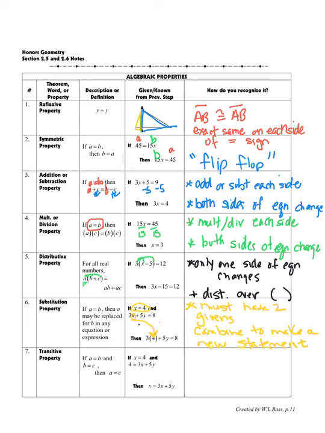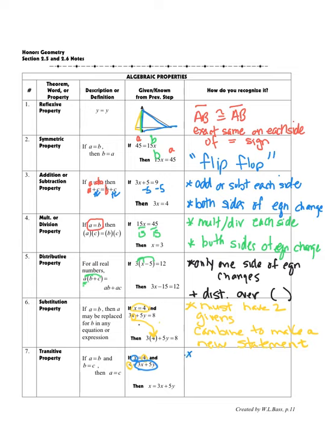If we look at the next one, this is our transitive property. It tells us that if x is equal to 4 and 4 equals 3x plus 5y, then x is equal to 3x plus 5y. So if we look at this, if we know that x is 4 and 4 is equal to 3x plus 5y, then the conclusion that we can draw here is that x is equal to 3x plus 5y.